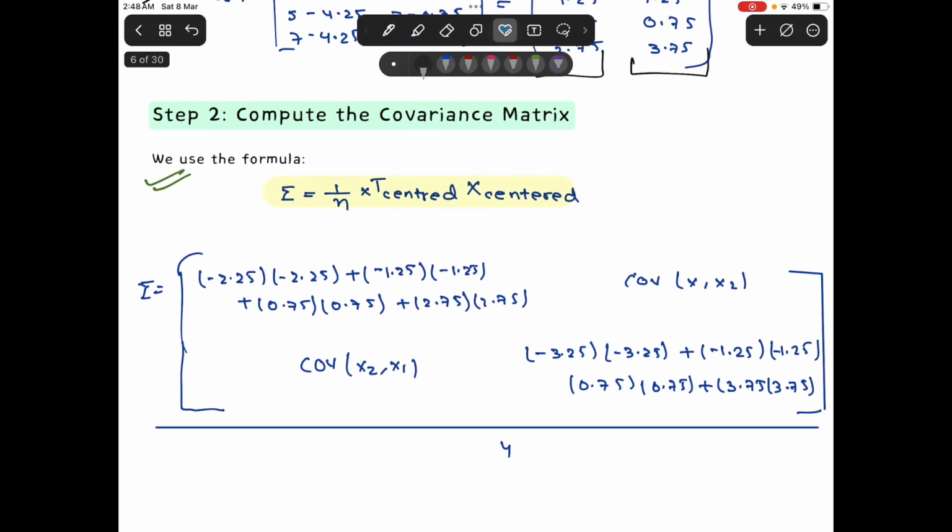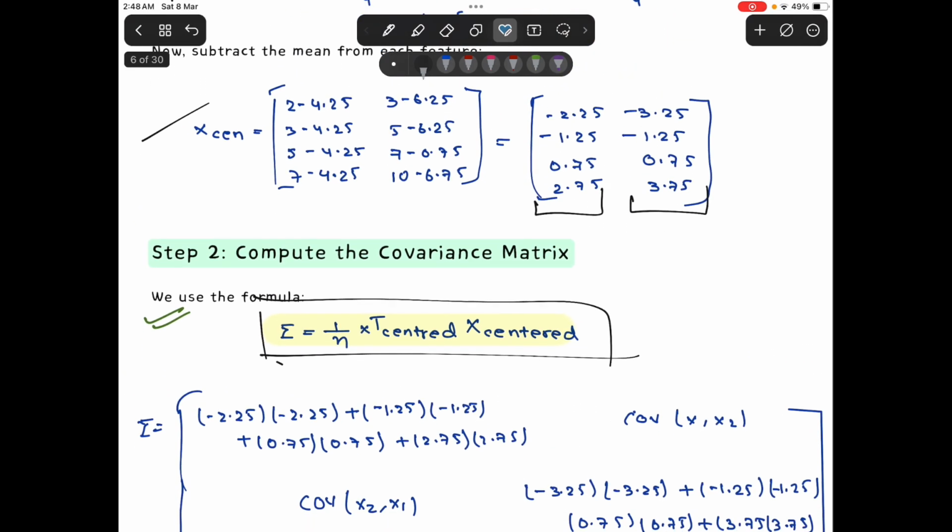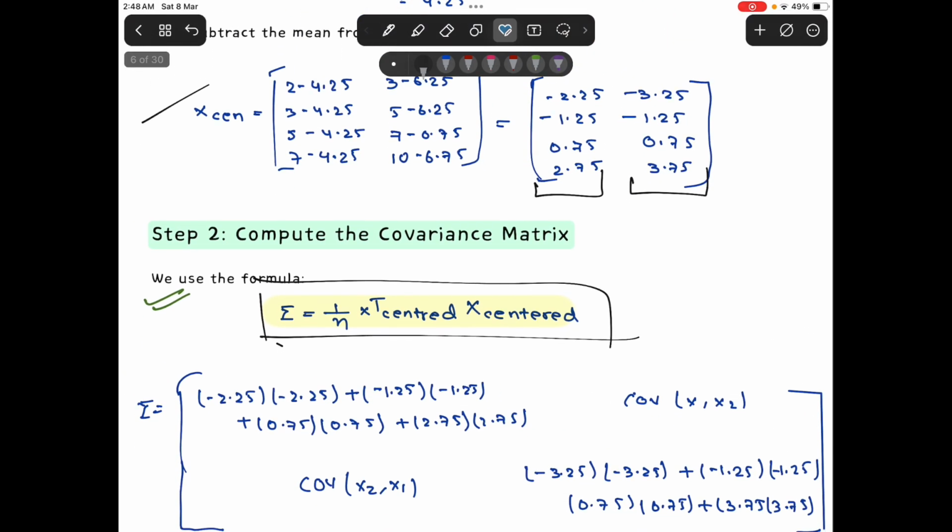Compute the covariance matrix. We are computing with this formula, and after getting this matrix, we can easily compute through this formula. What is X^T centered? It means X transpose centered into X centered, that is minus 2.25 into minus 2.25.